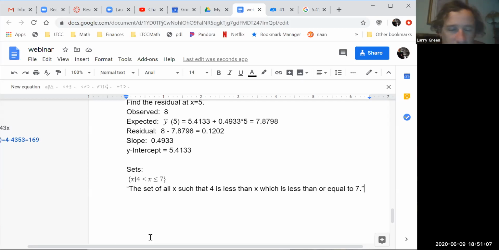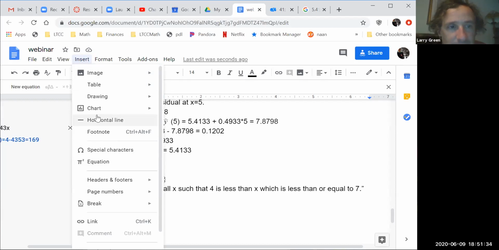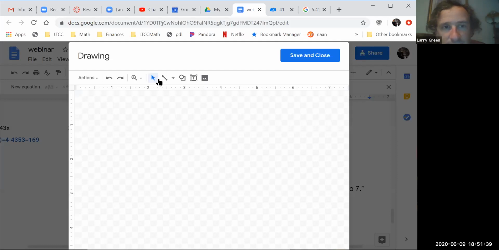We did this a long time ago, and I figured I better do it again just because it's been a while, and you have a final exam coming that does test you on a long time ago stuff. We should be able to do this on a number line. Remember doing this? So if I go and insert a drawing, we can make a number line out of this.